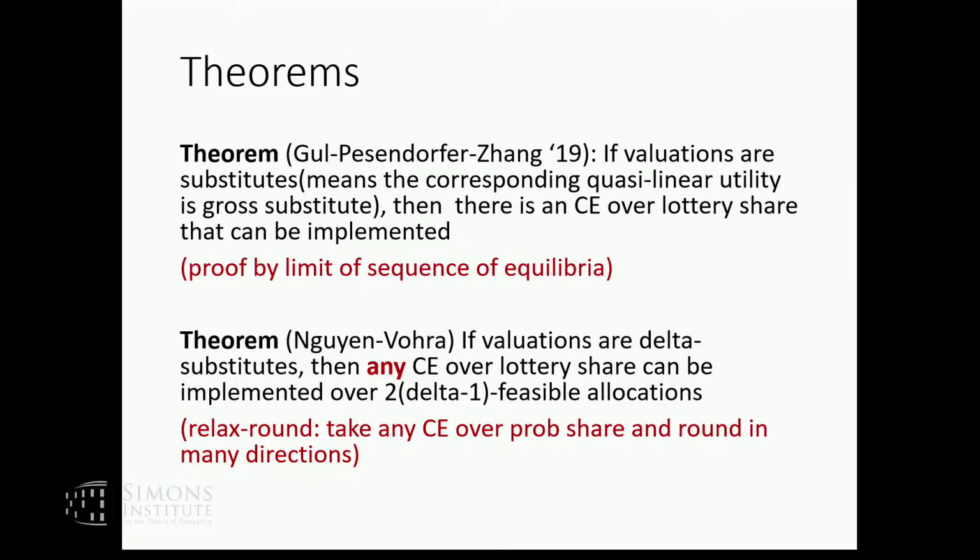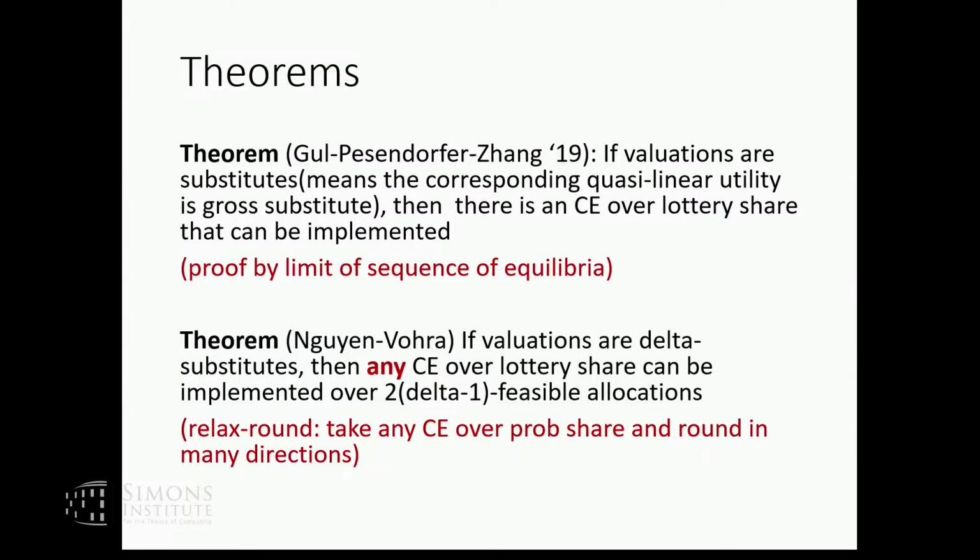And it's really based on the relax and round approach, right? We relax to a competitive equilibrium over lotteries. And why is rounding helpful when we are thinking about implementations? Because the rounding actually gives you the implementation. Think about it, right? We have a fractional solution somewhere here.